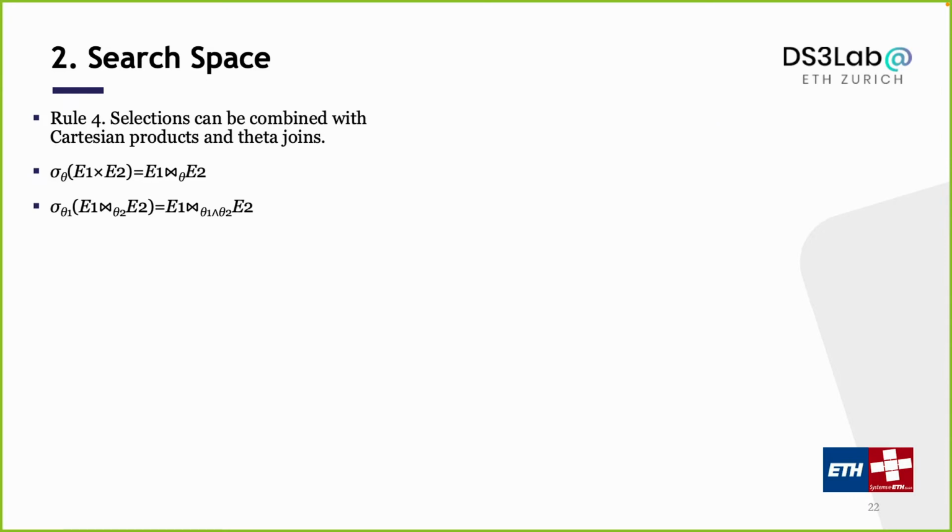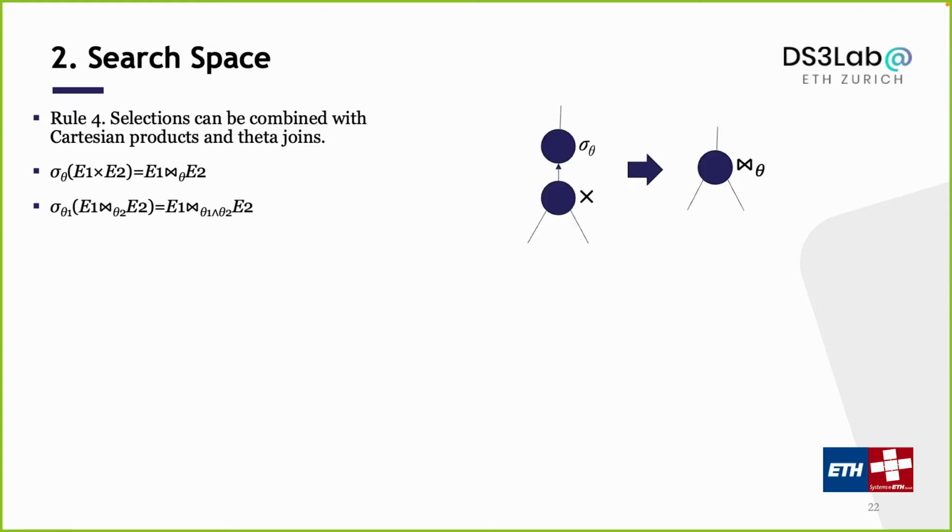Assuming you have a cross product between E1 and E2, these two expressions, and then you do the selection after the cross product, that's equivalent to just doing a join between E1 and E2 with predicate theta. And another thing is, assuming you already have a join, you are joining E1 and E2 on predicate theta 2, then you do a selection after it, it's equivalent to doing one join with predicate theta 1 and theta 2.